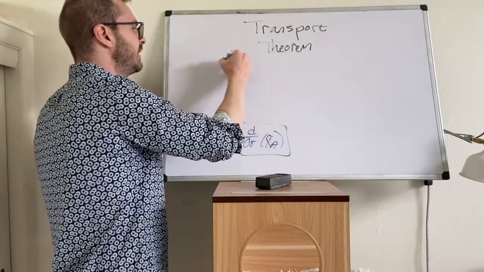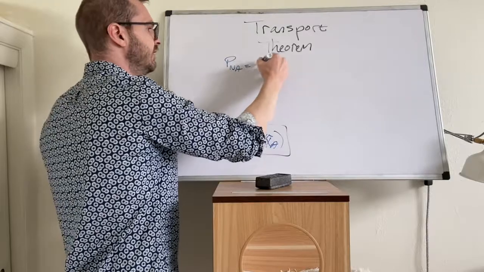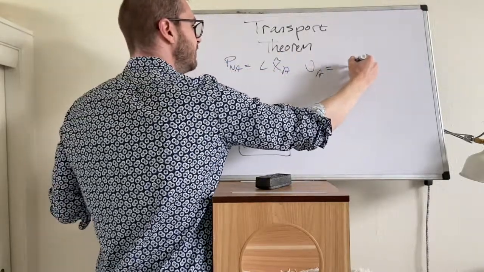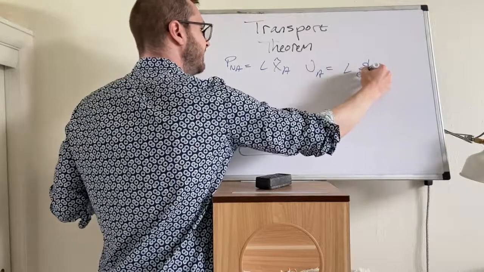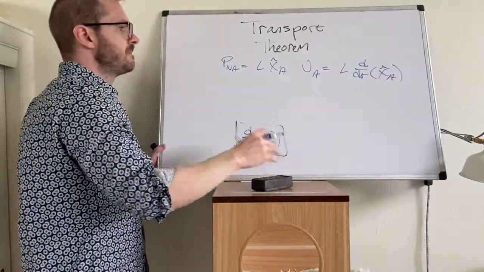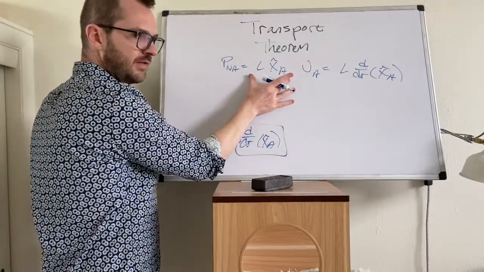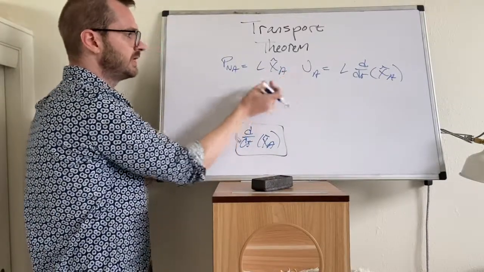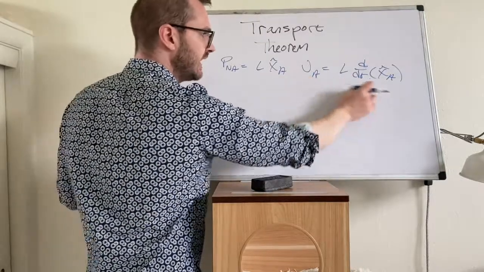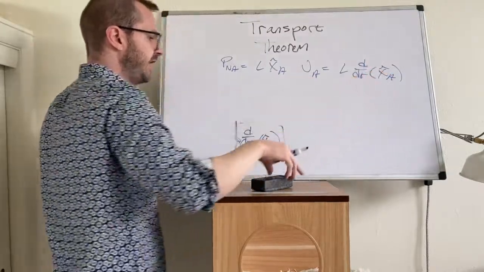Let's say P into A is L x hat A, and VA then is going to be L ddt of x hat A. You can see I've taken ddt of the whole thing, I did product rule expansion, and ddt of the L is equal to 0 because it's a constant, and we're left with this term, ddt of x hat A.